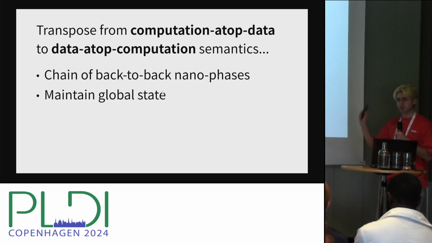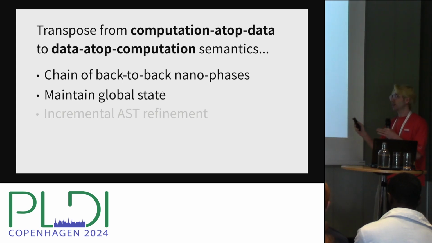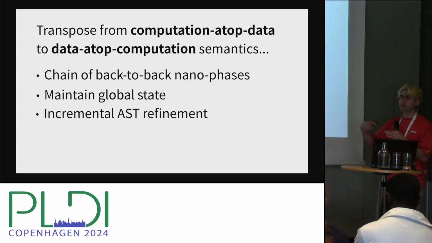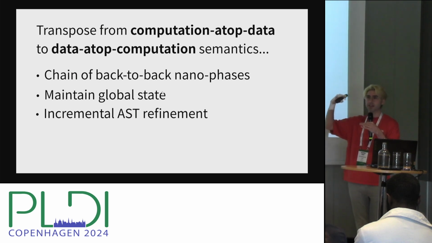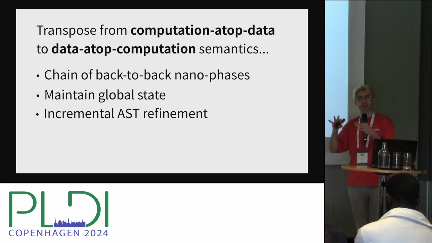They maintain a global state of the parse tree that incrementally refines what your AST looks like. So instead of trying to insert tokens into an existing, empty tree, you can start off with different tree structures and slowly refine that to get closer and closer to what the actual language implements.